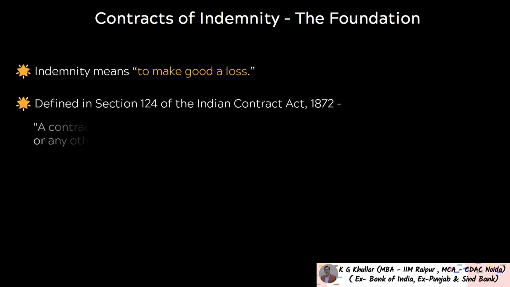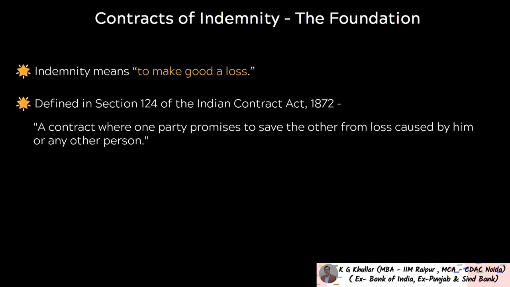Friends, the indemnity basically means to make good a loss and is defined in section 124 of Indian Contracts Act 1872 as a contract where one party promises to save the other from loss caused by him or any other person. You can understand this in more simplified way with these examples.